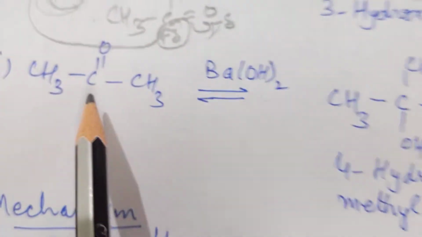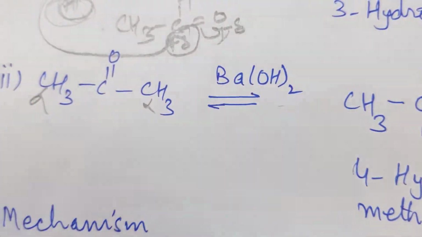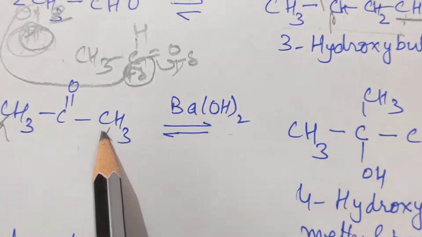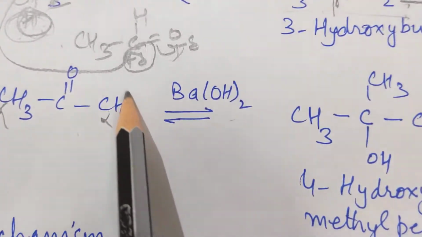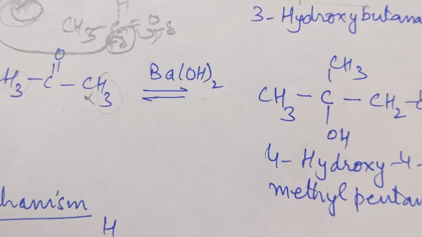Similarly, in case of ketone, we have two alpha carbons, and to them three different hydrogens are attached.